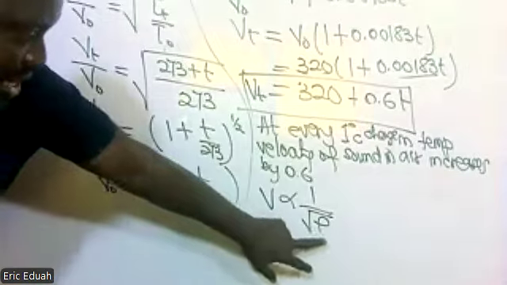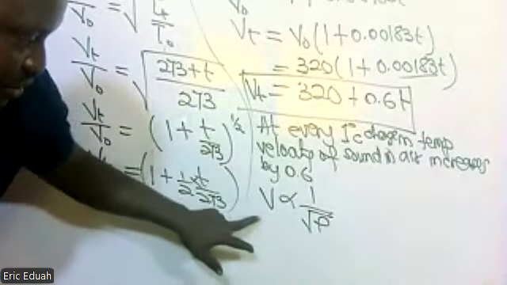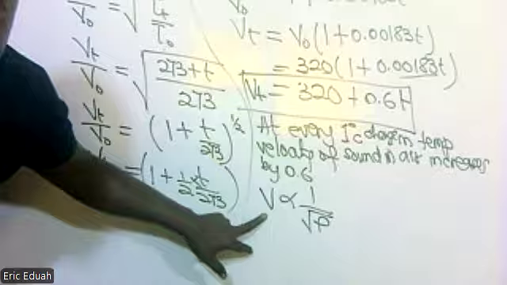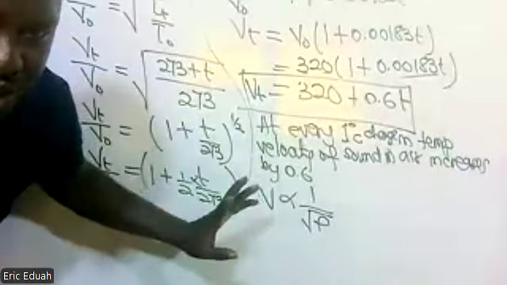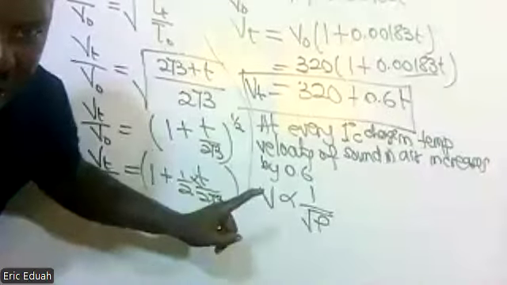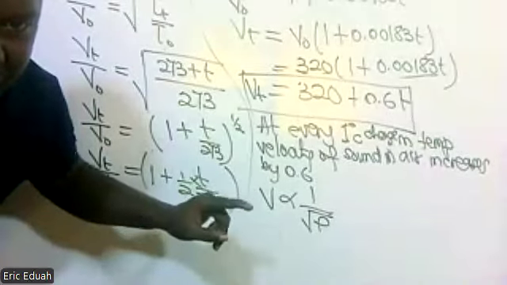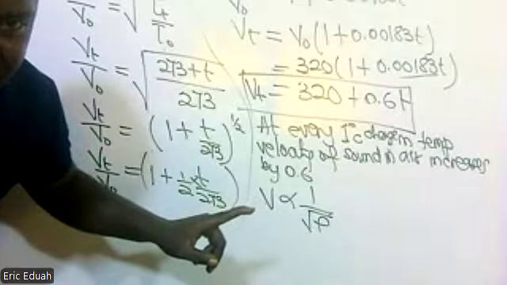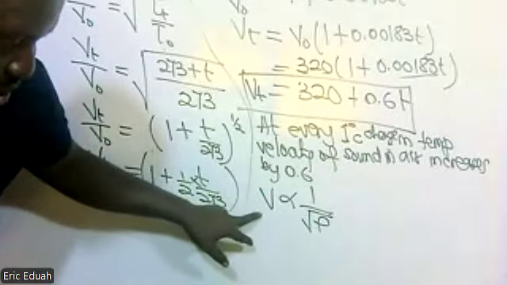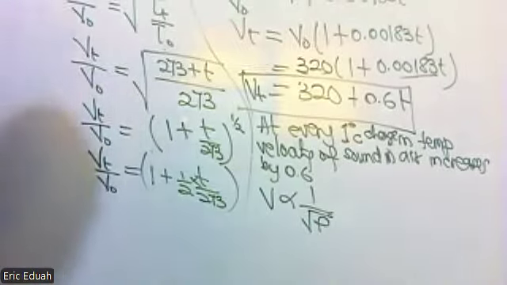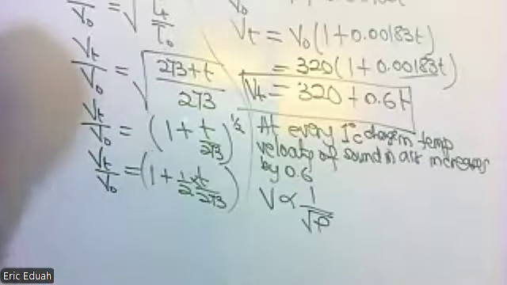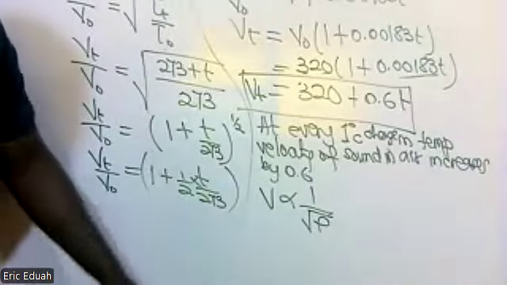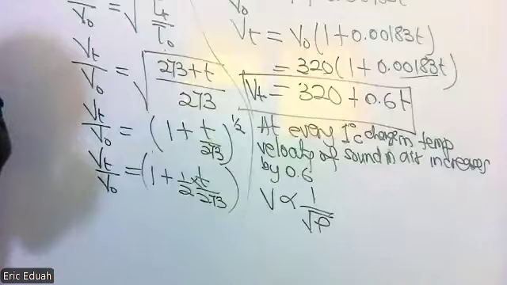So if density is decreasing here, then velocity of sound must increase. So this also connects velocity to temperature. An increase in temperature decreases density. So that's the relationship temperature has with velocity of sound in air, and density also has with velocity of sound in air. Is there any question?